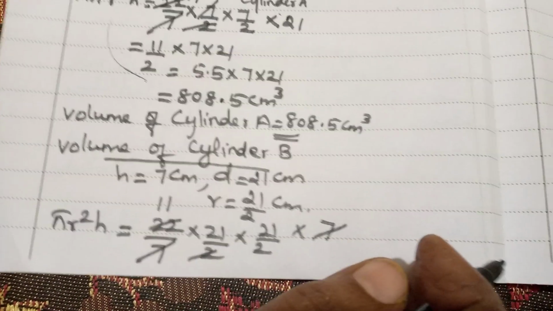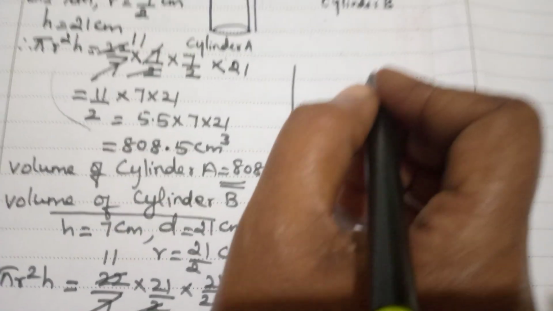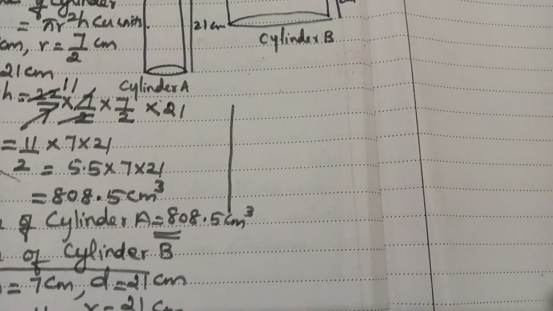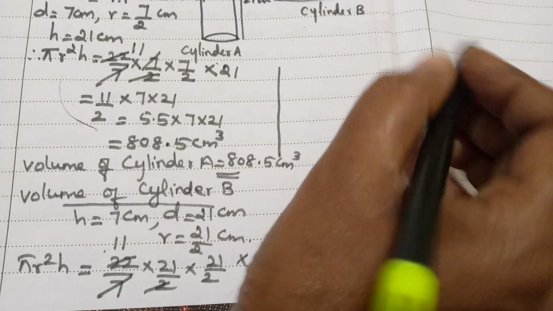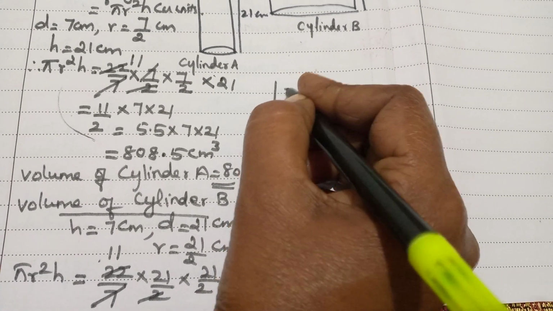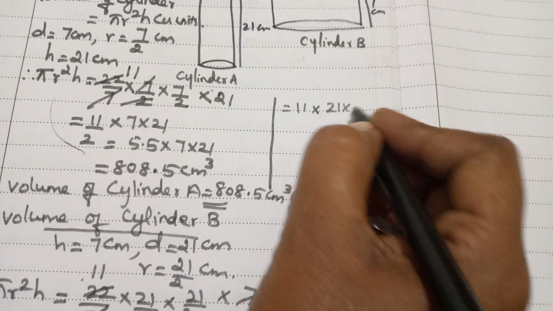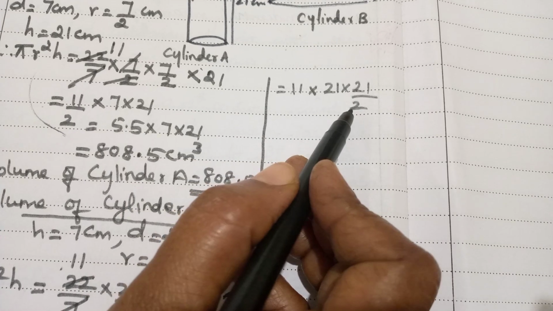Remaining we have 11 into 21 into 21 by 2. Let us divide 11 and 2.